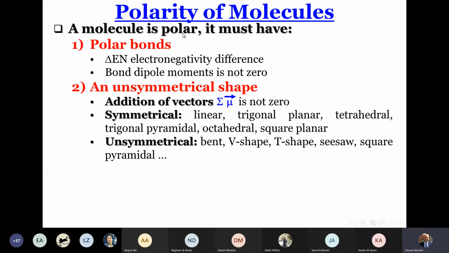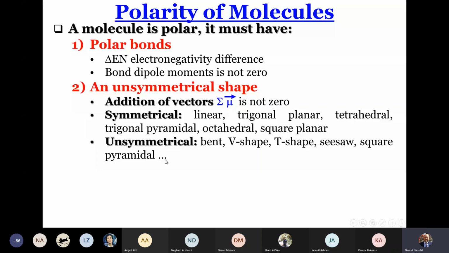For a molecule to be polar, first, it should contain polar bonds. Second, the shape should not be symmetrical. What are the unsymmetrical shapes? For example, bent, V-shape, T-shape, seesaw, square pyramidal.